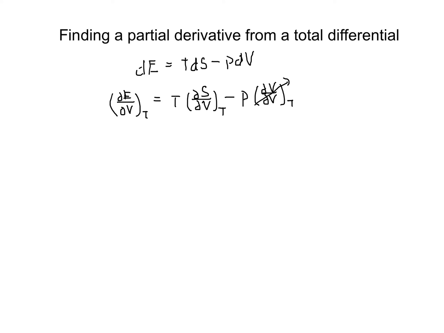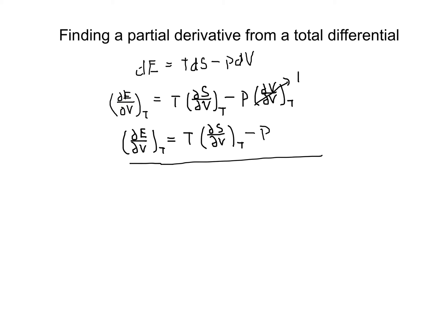But the derivative of volume with respect to volume is just 1, and so my change in energy when I change the volume of the system at constant temperature will be equal to the temperature times the change in entropy with respect to volume at constant temperature minus the pressure.